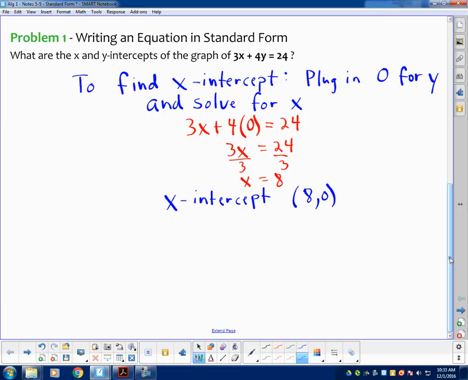So if I want to find the y-intercept, it's a similar process here.